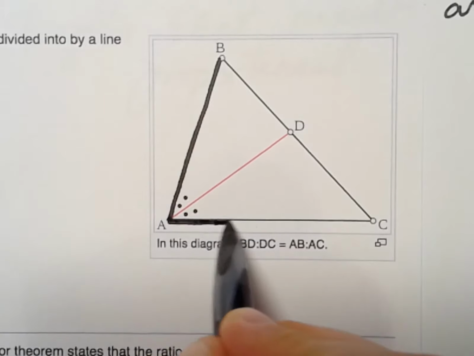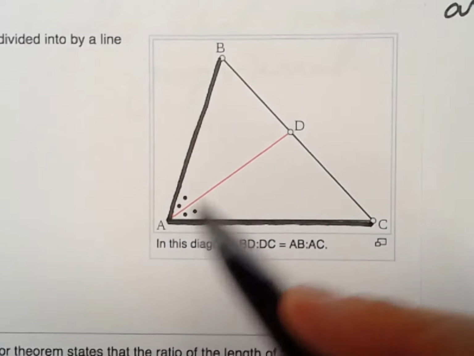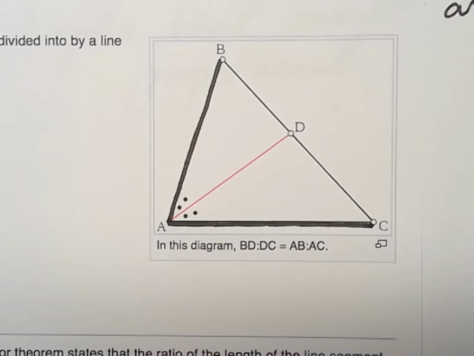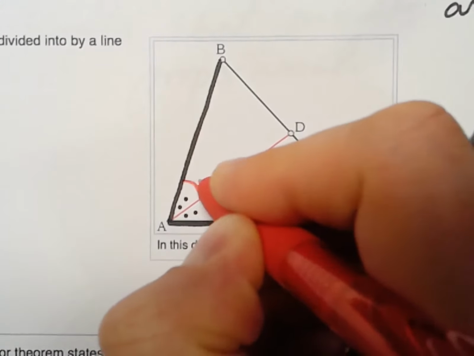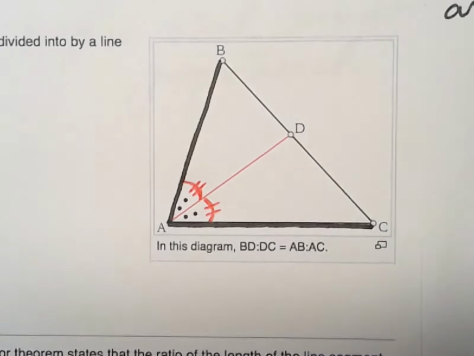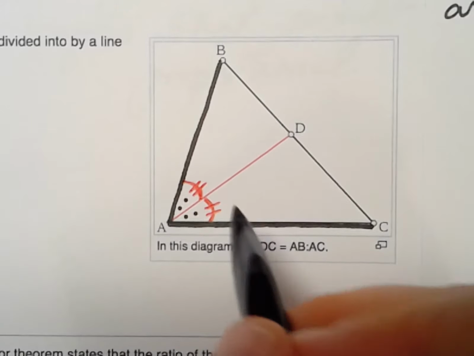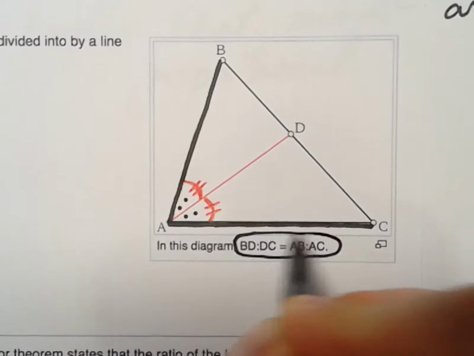This angle here, angle BAC, AD has bisected it so that this and this are congruent. Okay? So those two angles are congruent now.